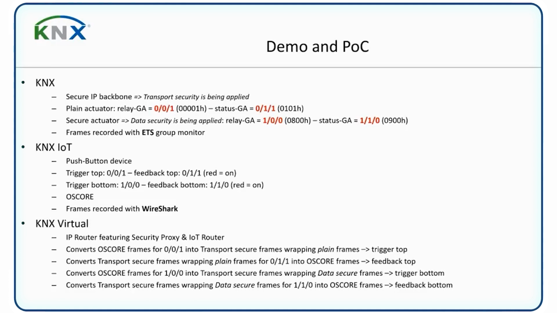There's the IP backbone where the so-called transport security is applied, and then there's the plain device and the secure device, the plain and the secure actuator. And all of that is possible because of KNX Virtual, because KNX Virtual will make the translation from one protocol or from one system aspect to the other. That's actually what I try to achieve here, or to demonstrate.